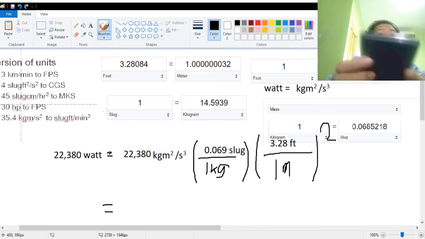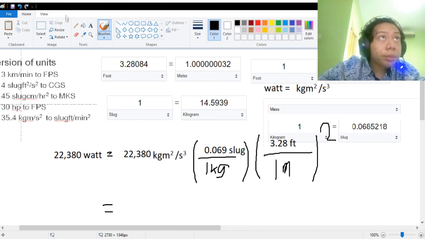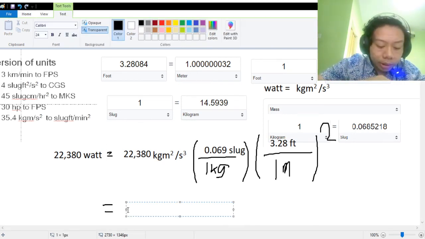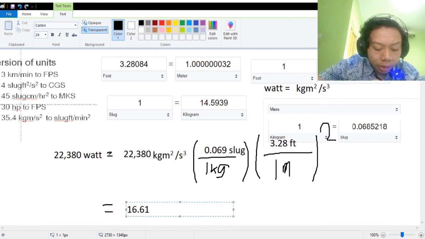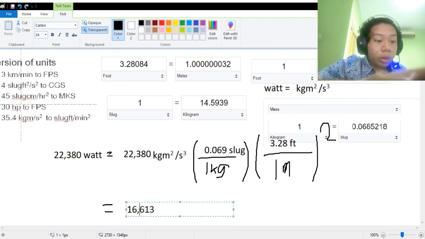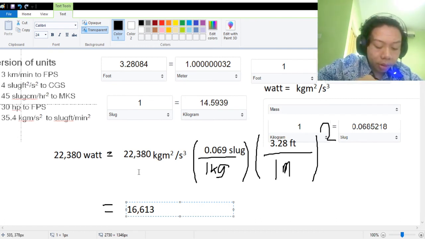So yeah, last thing to do is to calculate it. 22,380 times 0.069 times 3.28 squared. So it is 16,613.